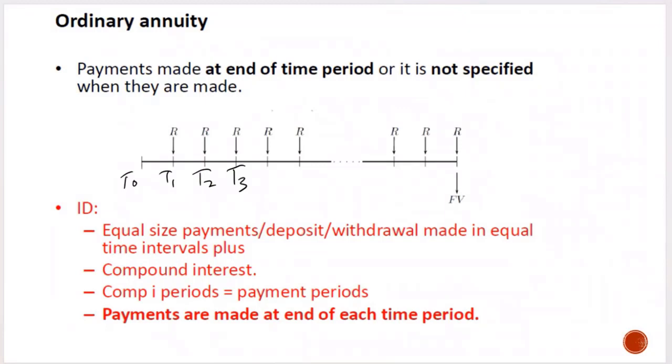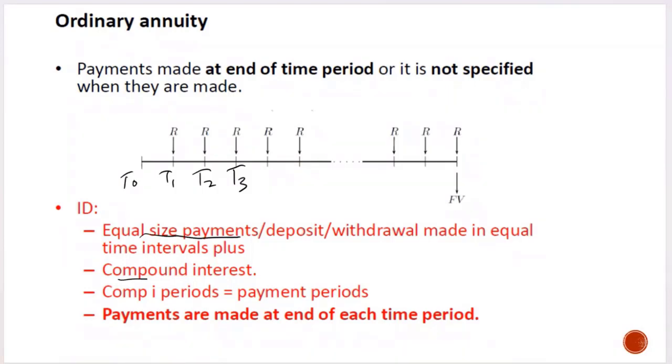If you are getting an ordinary annuity paid monthly, and you start in January, you'll only get payment at the end, on the 30th or 31st of January. That's what is called an ordinary annuity. And it's still the same: the payments are of equal size.